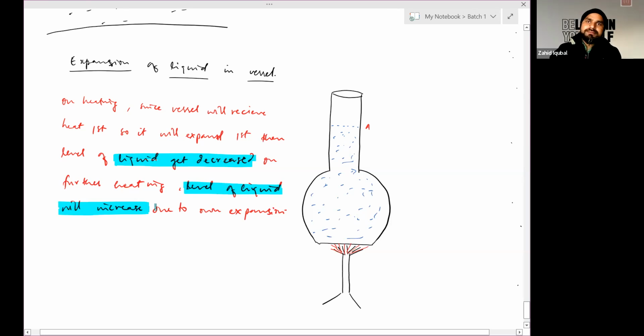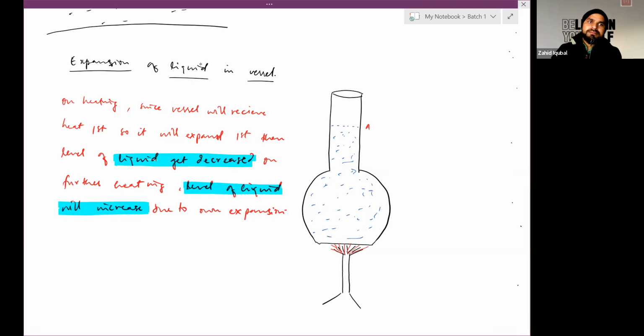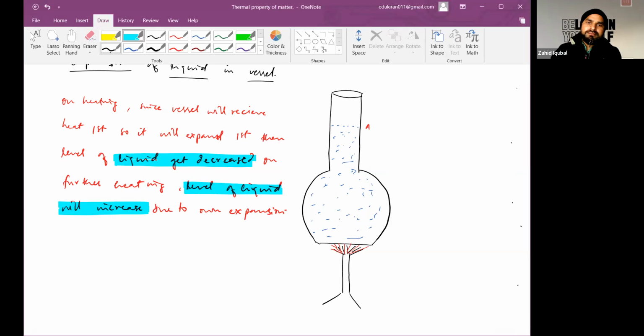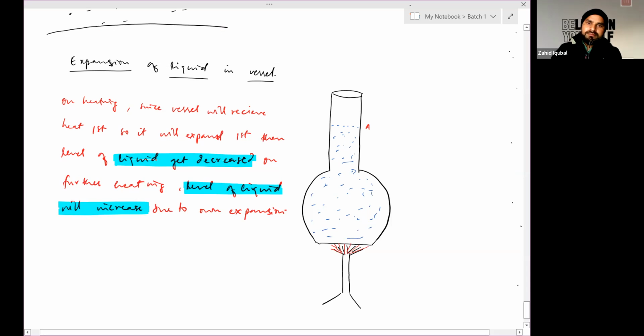Hiba, is it clear? So let's say initially the level of liquid is at this point. On expansion of the vessel, it may get reached to this point. On further expansion, due to its own part, let's say it reaches this point.